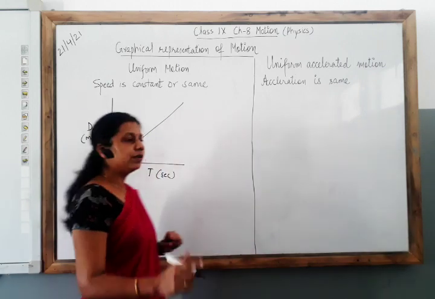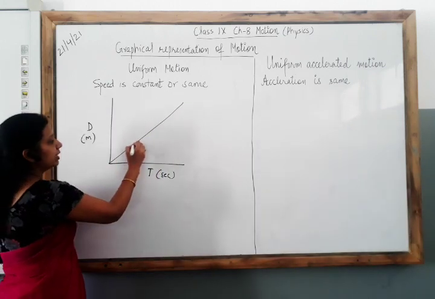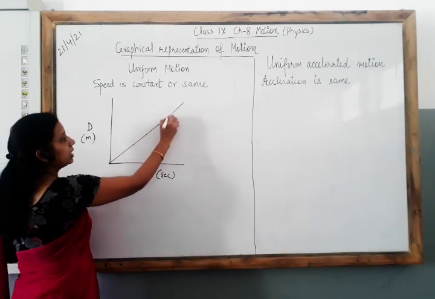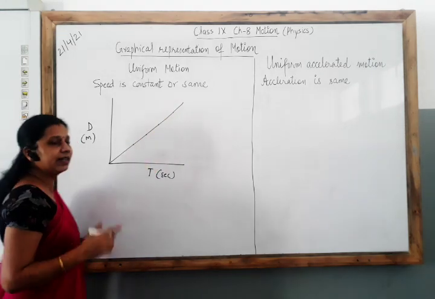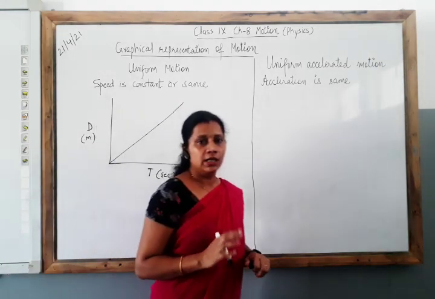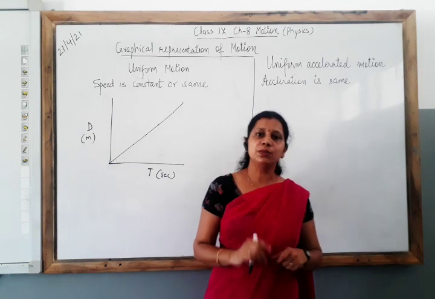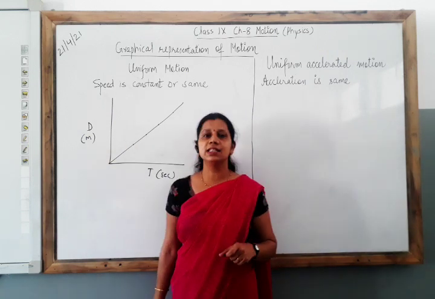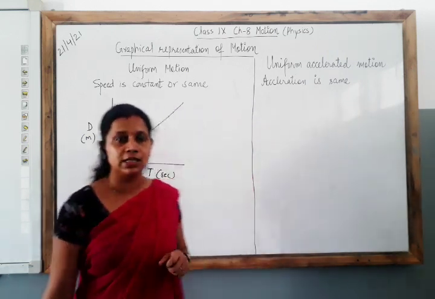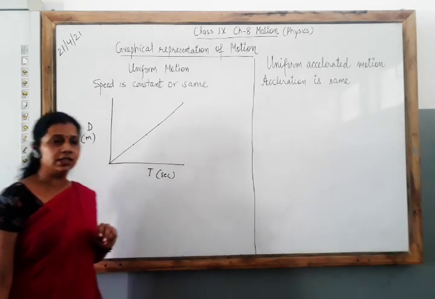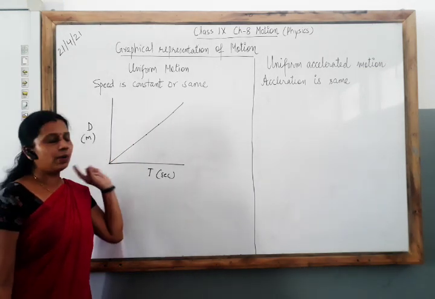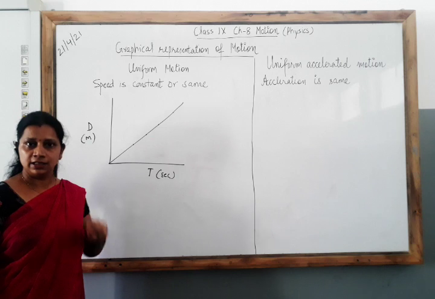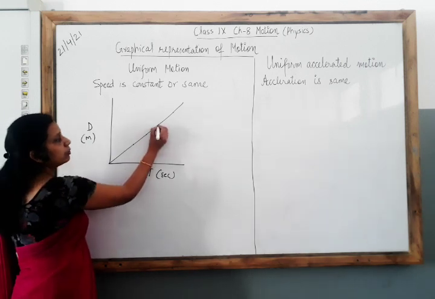That means for each point over here, if I try to find out speed using this graph, I will get the same answer. Now to find out speed using this distance-time graph, you have to draw two perpendiculars. First, you choose any one point on this straight line. Let's say this one I am going to choose.